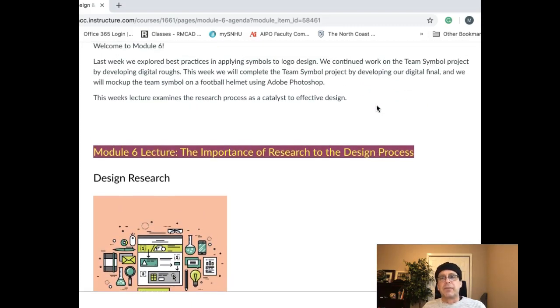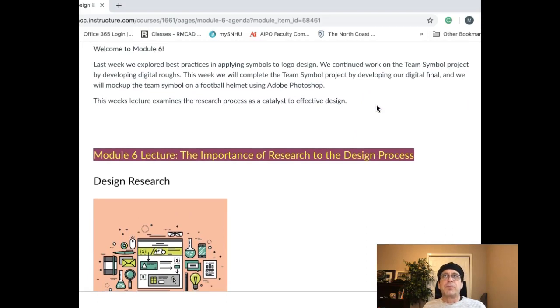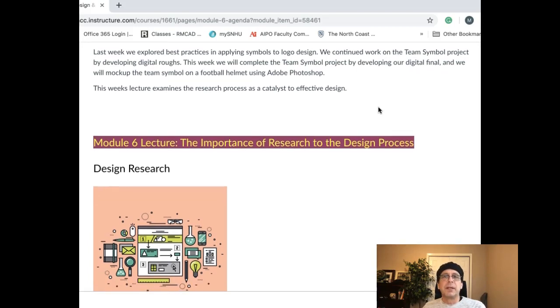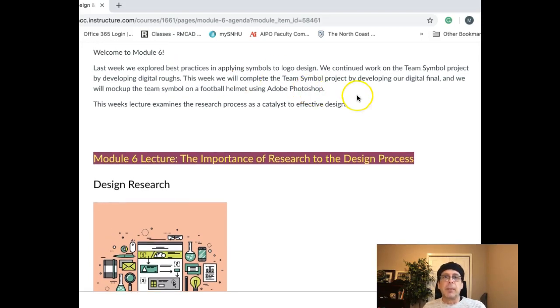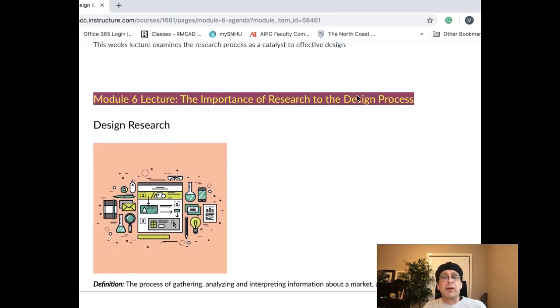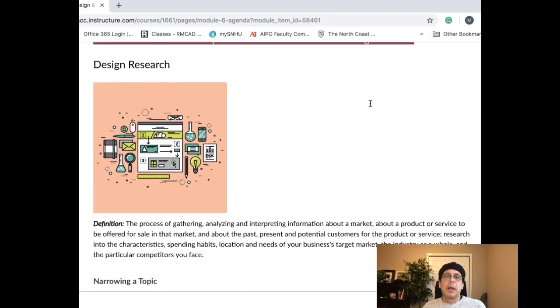We also took the liberty of finding and defining poorly crafted symbols and logos for the team football helmet project. It's very important to be able to recognize, and also articulate, the reasons why a particular logo doesn't meet the mark or is not considered successful.